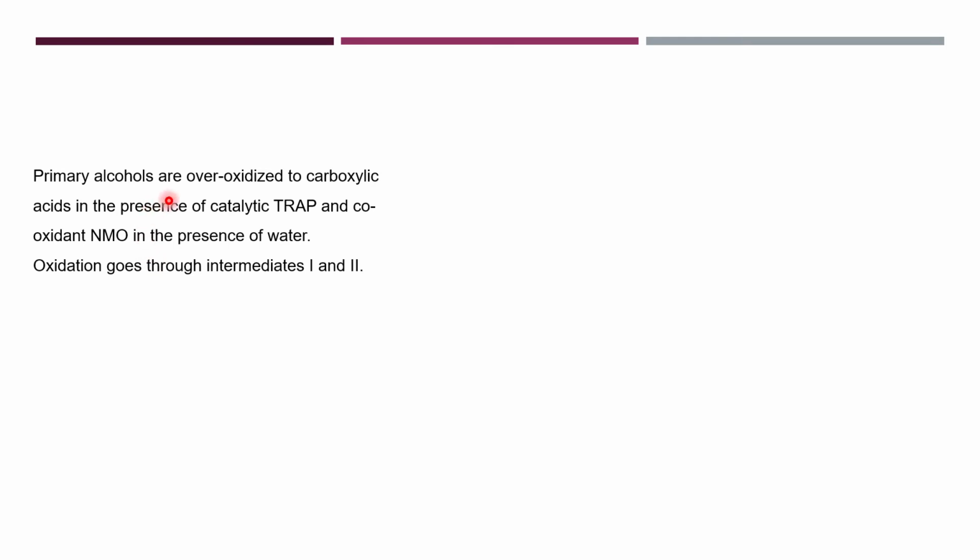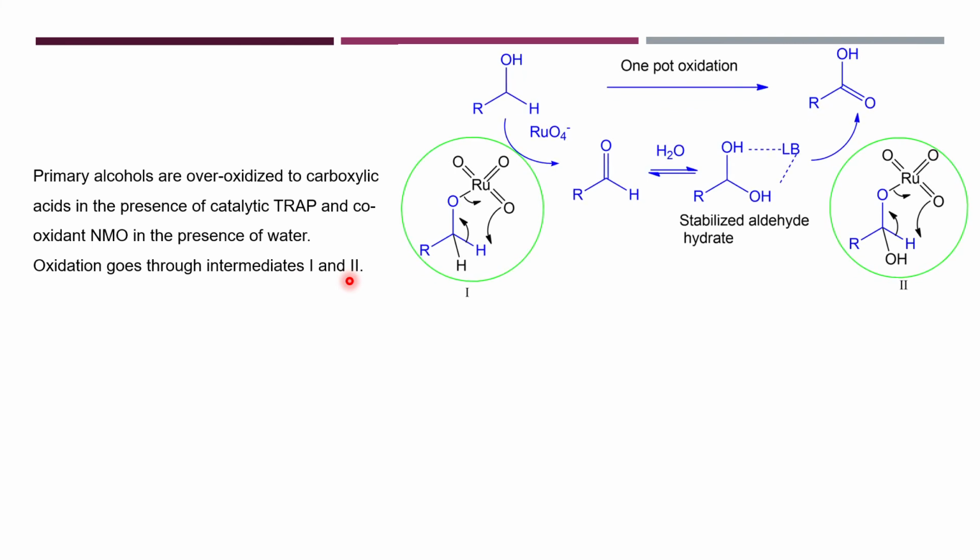Now, this is the topic that I was trying to discuss. Primary alcohols are over-oxidized to carboxylic acid in presence of this reagent and the co-oxidant, but the important part is that there should be some water. Here the oxidation is mentioned to go through two intermediates. What are these intermediates? Let's have a look. If you have this alcohol, which is a primary alcohol, it forms the ester; this is intermediate one, and this is intermediate two.